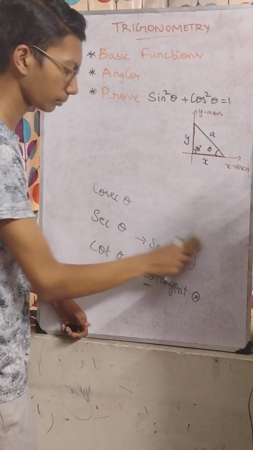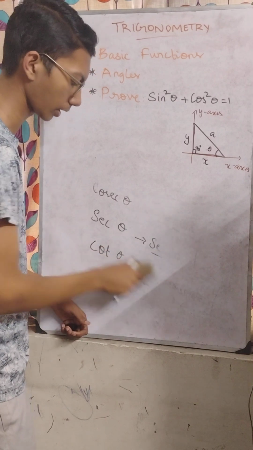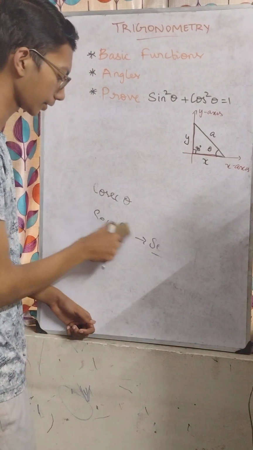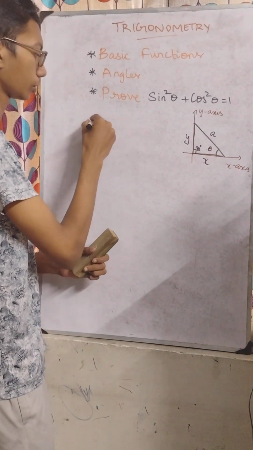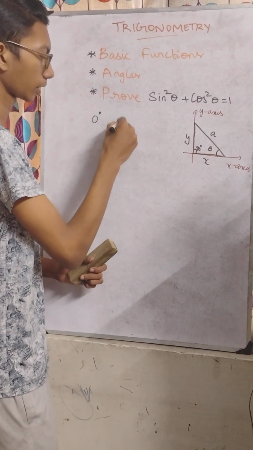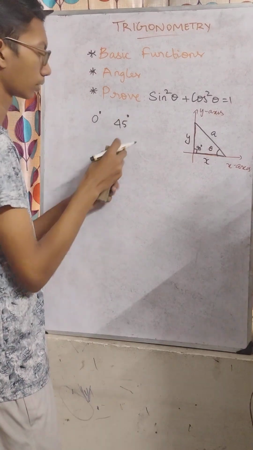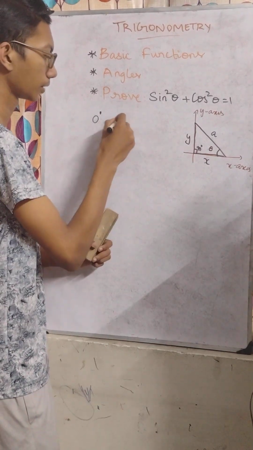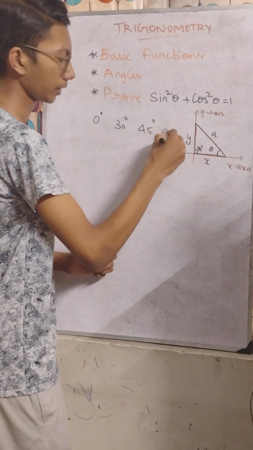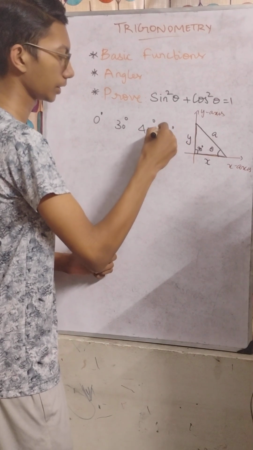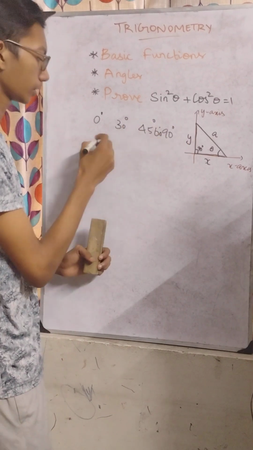Now the angles. There are some angles for which you have to remember the values. The basic angles are 0 degree, 30 degree, 45 degree, 60 degree and 90 degree.